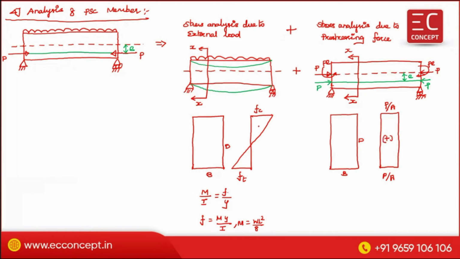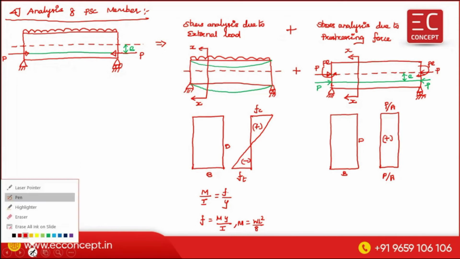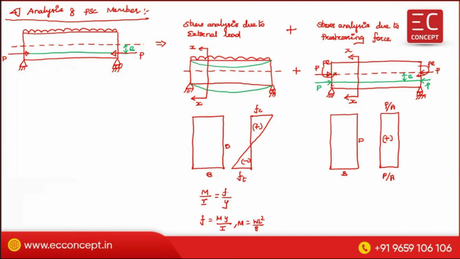And in this case, top is compression, bottom is tension, therefore negative. And because of this moment, the beam bends something like that, because of the pre-stressing force.